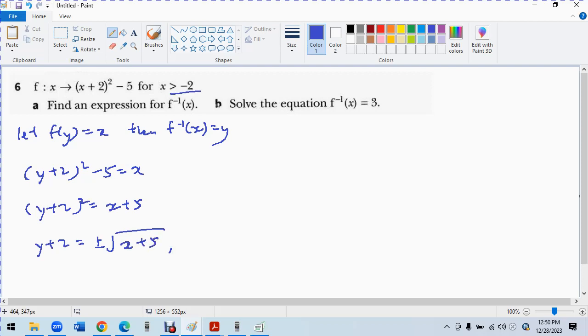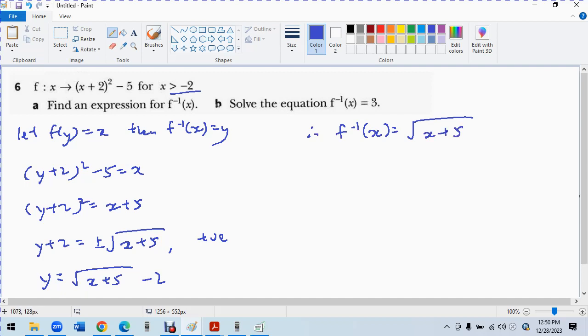Because we have greater than here, we take the positive. So y equal to square root of x plus 5 minus 2. Therefore, f inverse of x equal to square root of x plus 5 minus 2.